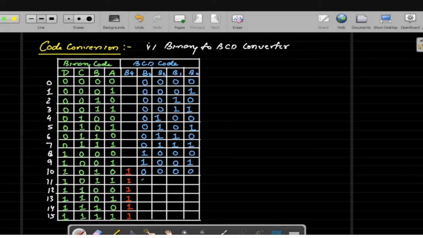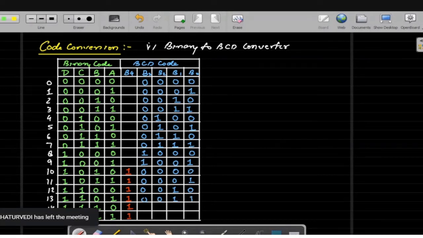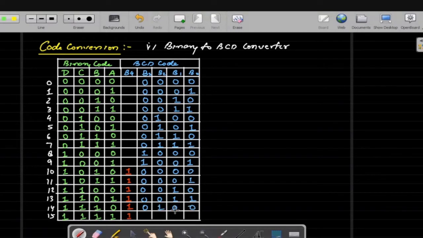So this will be 0 0 0 1, this is 0 0 1 0, 0 0 1 1, 0 1 0 0, and this is 0 1 0 1.